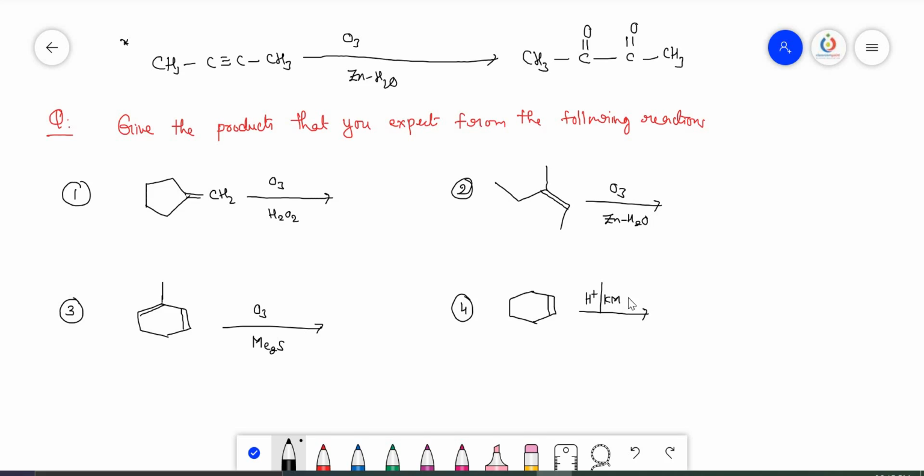Next, H plus KMnO4, heat it. Sometimes they mention OH minus also. You consider it as OH minus. I will tell the difference later.